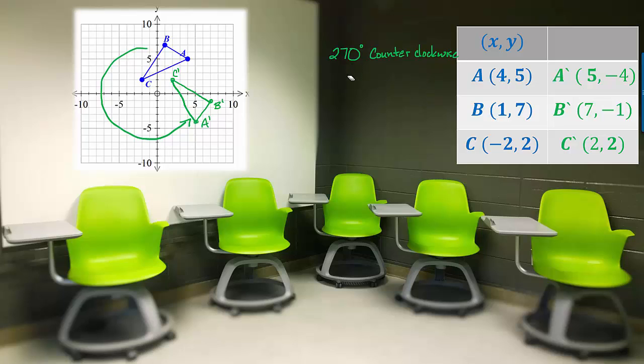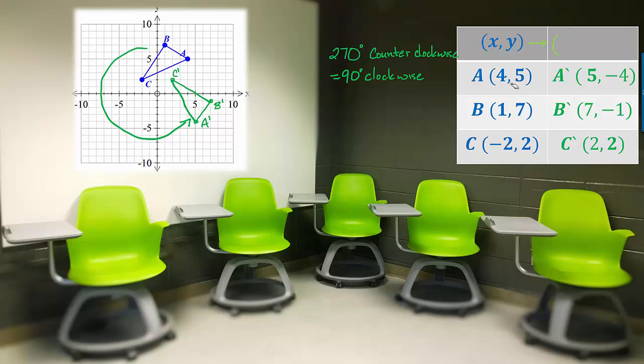And 270 counterclockwise is the same thing as 90 degrees clockwise. So you can say 270 counterclockwise or 90 clockwise.